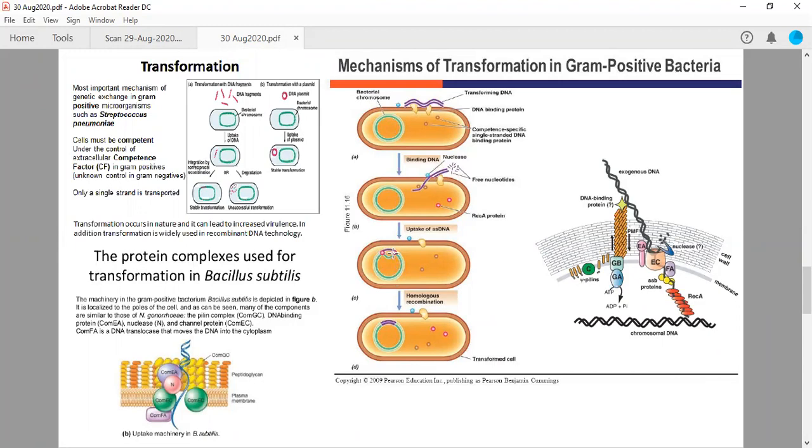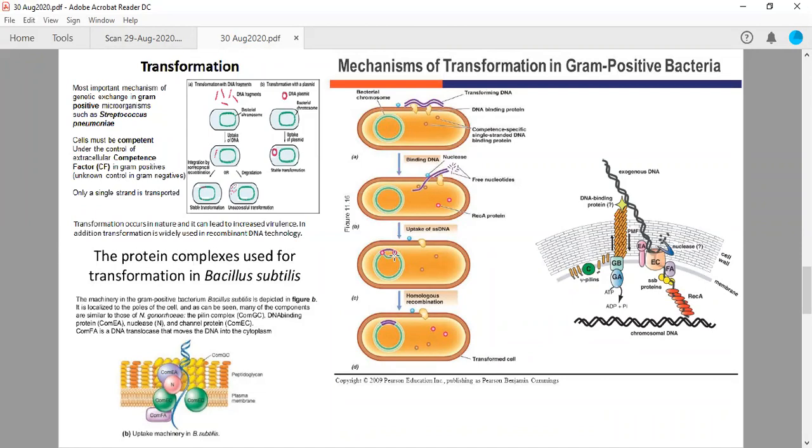So this double-stranded DNA, if it is not repaired and before replication the cell is divided, one cell will have the normal chromosome, whereas one cell will have this recombinant chromosome.